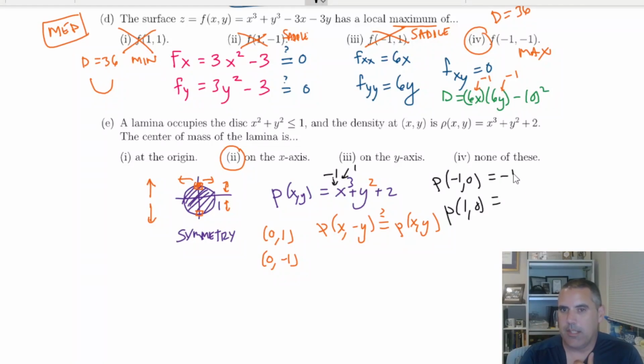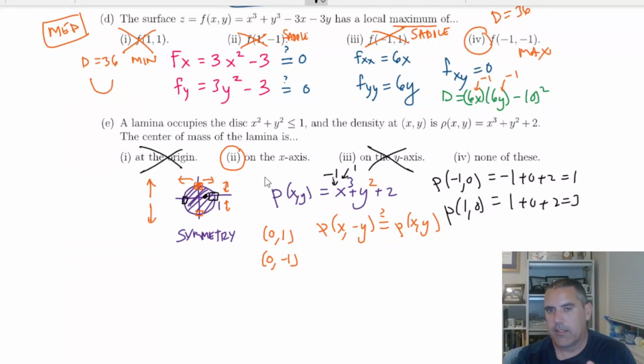Well, no, because it's going to be -1 plus 0 plus 2, which is 1. That's the density over here. And the density on the other side is 1 plus 0 plus 2, which is 3. So it's heavier on this side, which is going to mean the center of mass is a little bit that way. And so it's none of these other ones on the x-axis. All right, hope that answers your question.